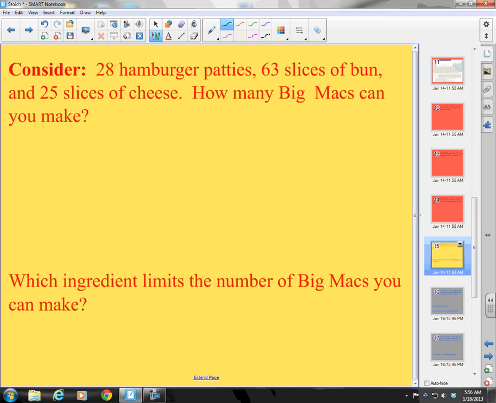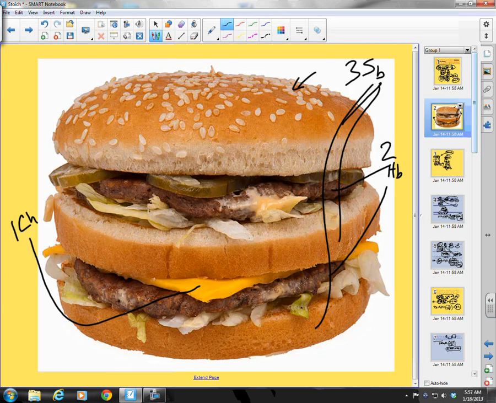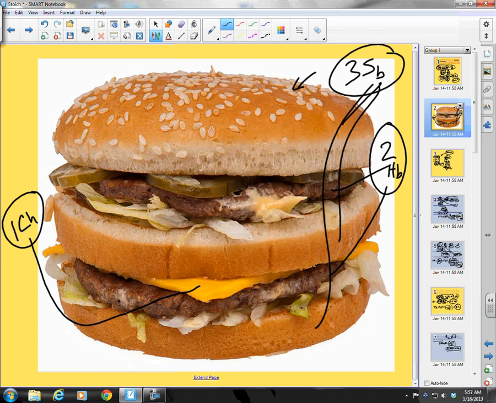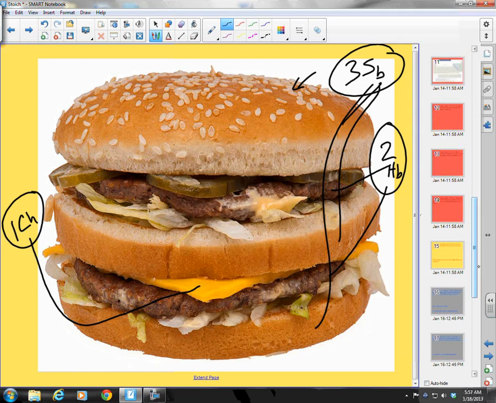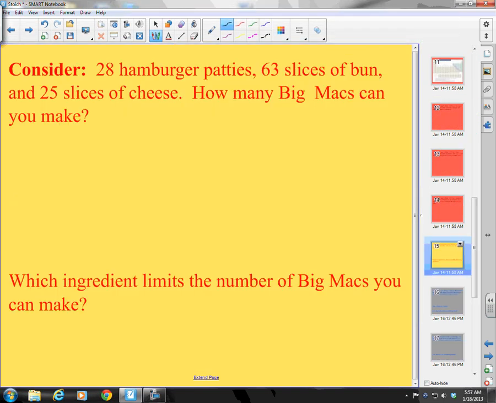Okay, we have to go back and remember our recipe for a Big Mac. What do we have? 2 hamburger patties, 1 slice of cheese, 3 slices of bread. So what did I say? 2 hamburger patties plus 1 slice of cheese plus 3 slices of bread makes 1 Big Mac, right?